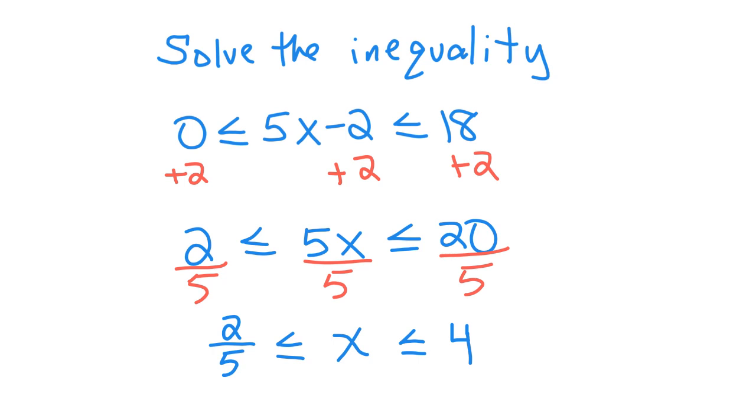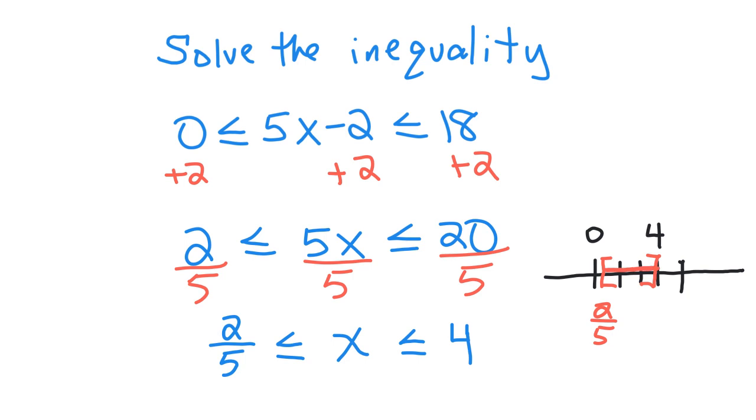So let's look at what the number line would look like. We're going to go ahead and start at 2/5. I'm going to kind of guesstimate that. We're going to end at 4. And then we're going to use every single number in between.